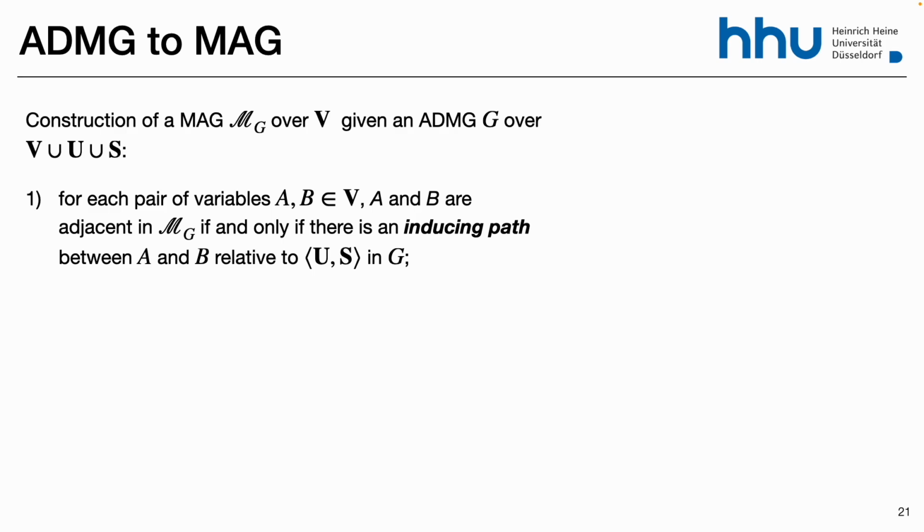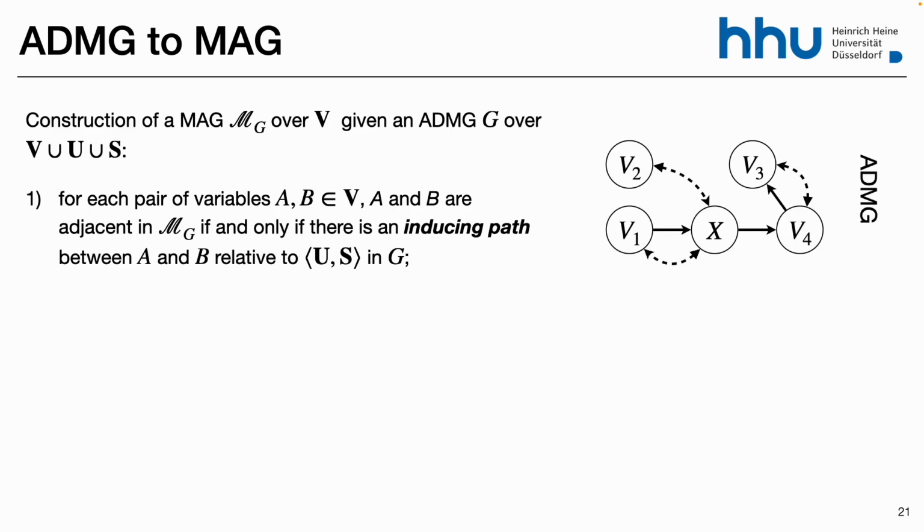So every non-adjacent pair in the MAG needs to be a pair of variables that are M-separated or D-separated in the ADMG.